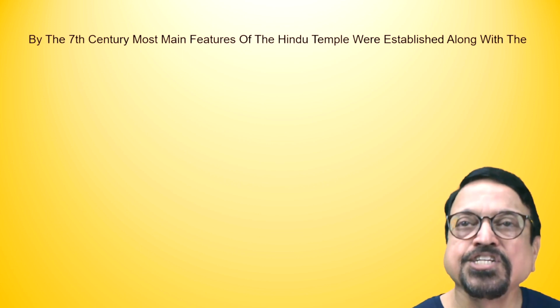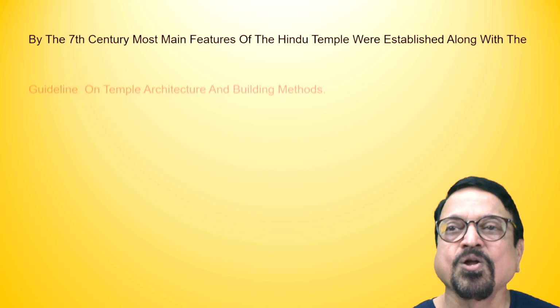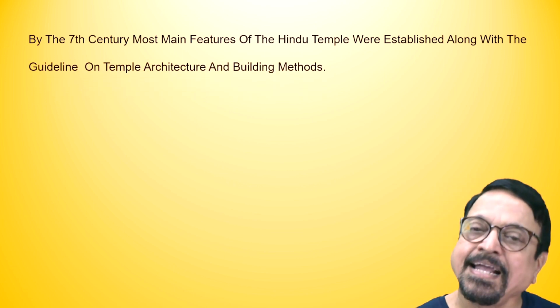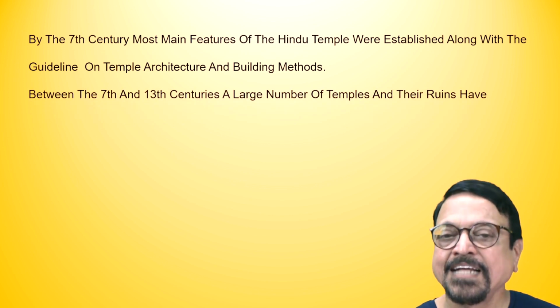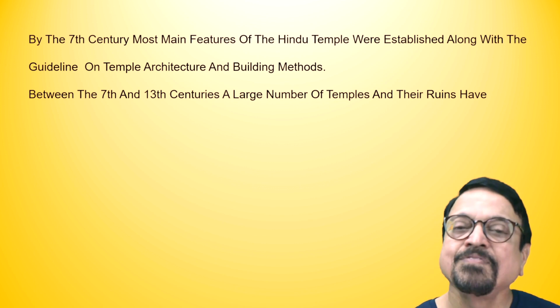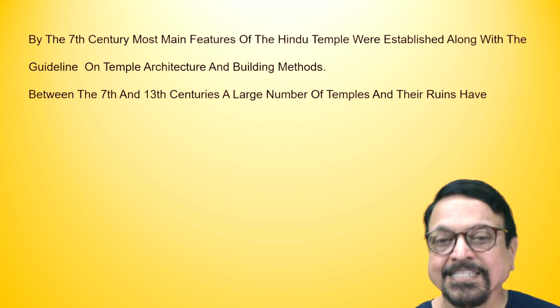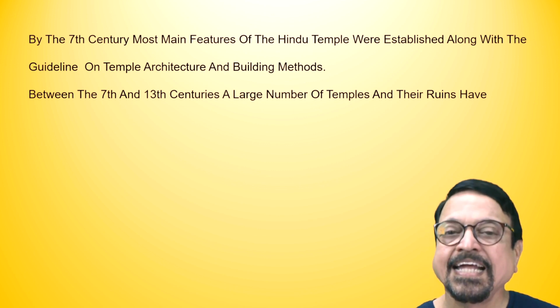By the 7th century, most main features of the Hindu temple were established, along with guidelines on temple architecture and building methods, building material, selection of rock, selection of place, and the combination of the structural plus the designing portion which will suit a deity.